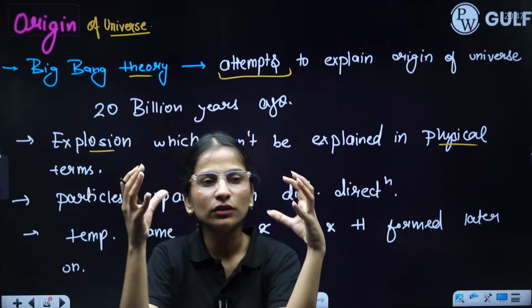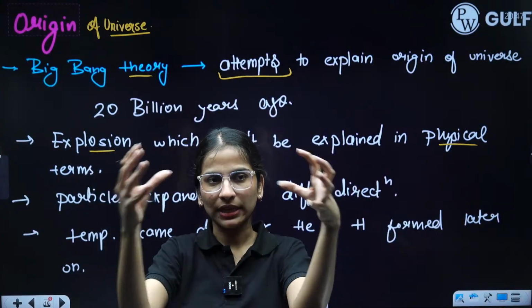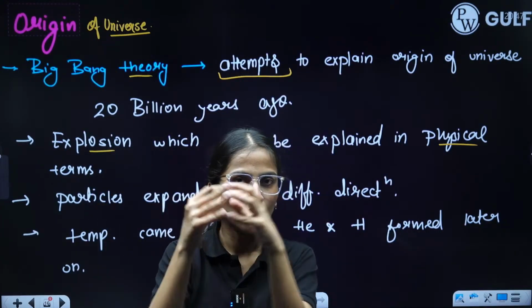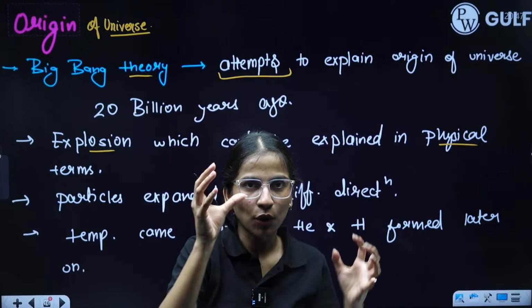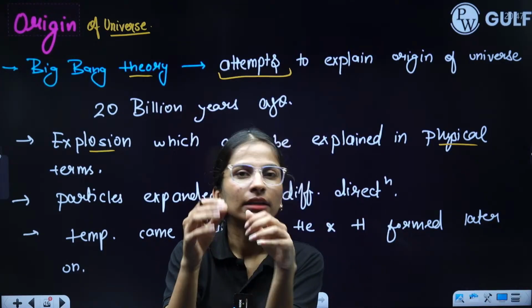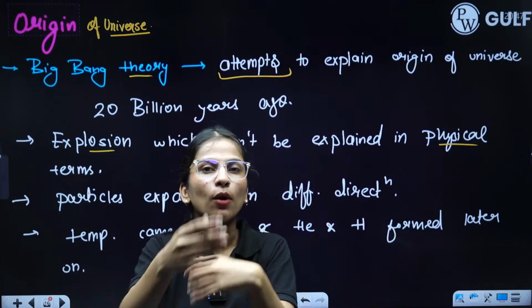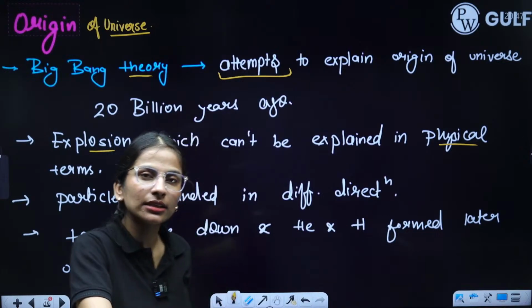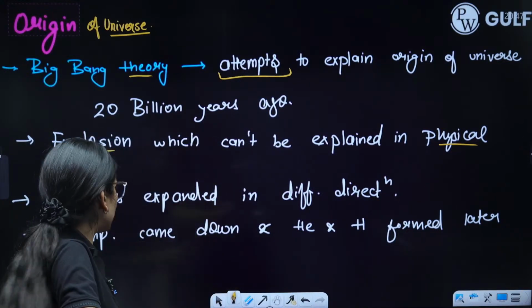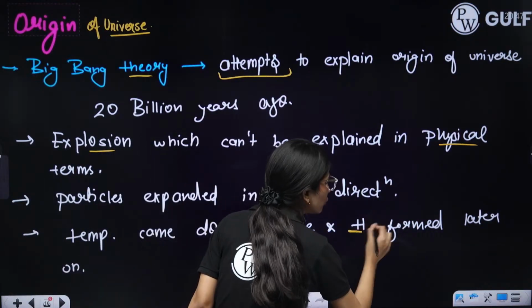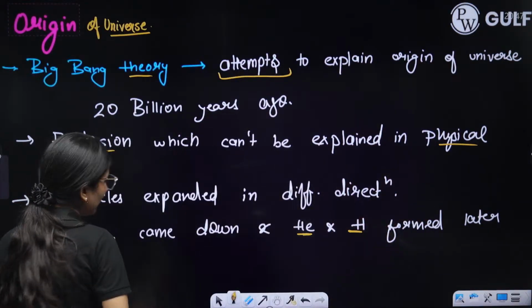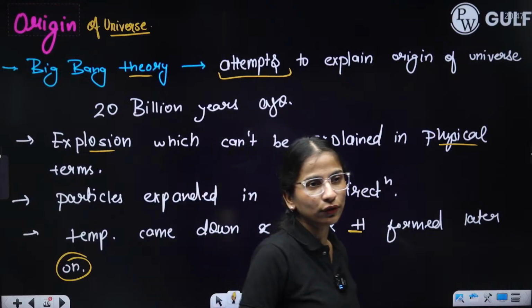When things cool down, they again try to mix with each other, form clumps, form groups. So when particles started forming groups and clumps, they started forming stars, planets, etc. That is how our earth also came into the picture. Temperature came down, helium and hydrogen formed later on.